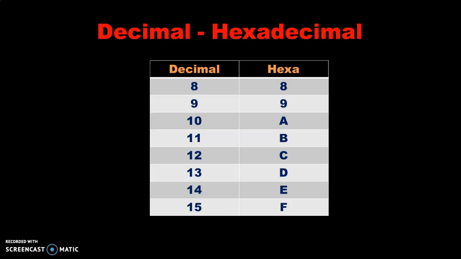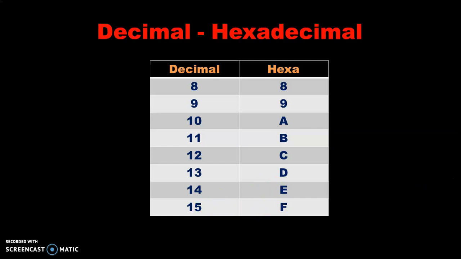But when we go for decimal numbers 10, 11, 12, 13, 14 and 15, then in hexadecimal we can observe that for 10, the equivalent hexadecimal is A. For 11, we have B. For 12, we have C. For 13, we have D. For 14, we have E. And for 15, we have F.